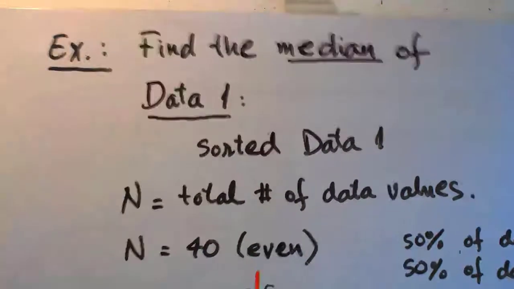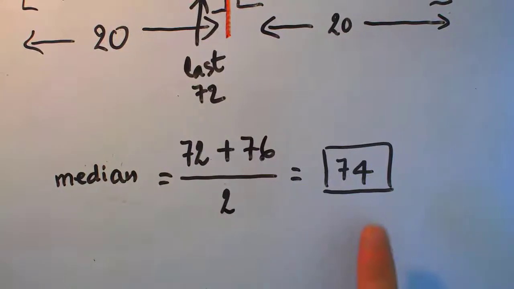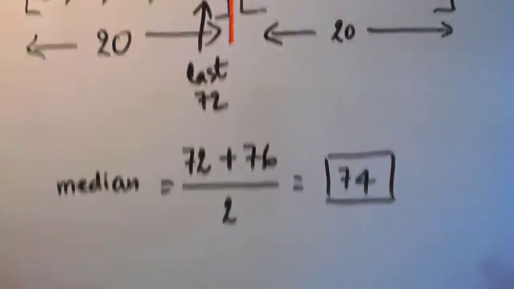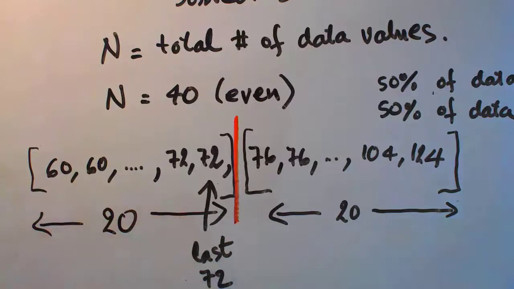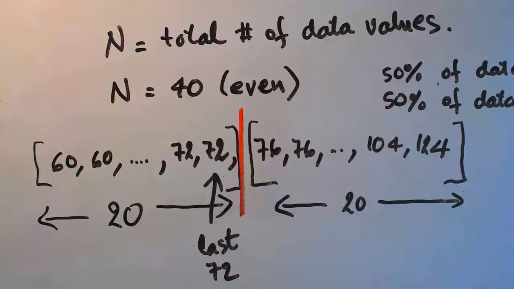And so the question arises now: wait a minute, but this median is not found in data 1. Of course, it doesn't have to be found in data 1, because right from the beginning, as I was mentioning, the median of a data set is simply a cutting value that divides the data into two equal halves.